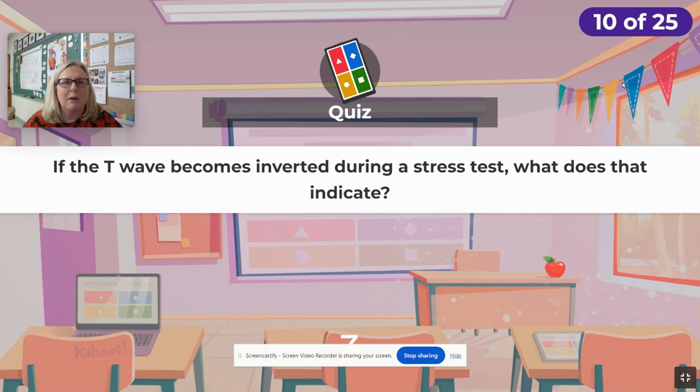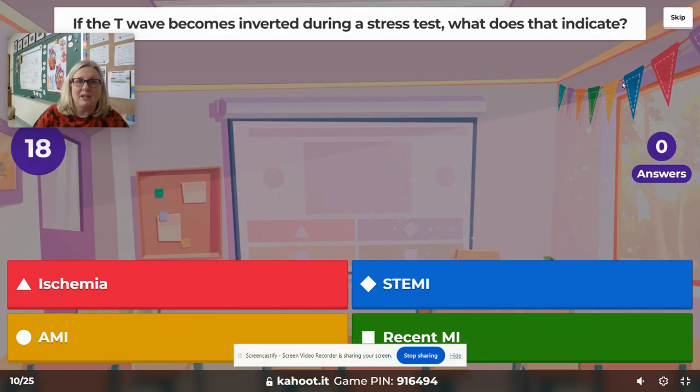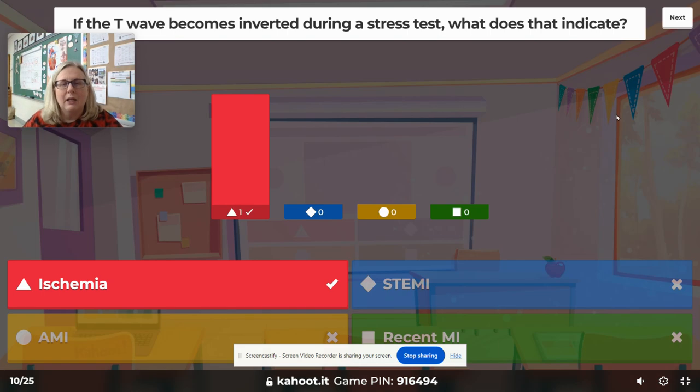If the T wave becomes inverted during a stress test, what does that indicate? That means if it wasn't inverted before, but once they go into a stress test, now it is, what does that mean? That actually means it's ischemia.